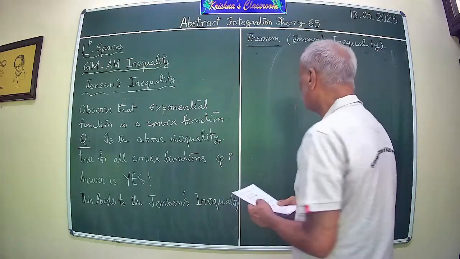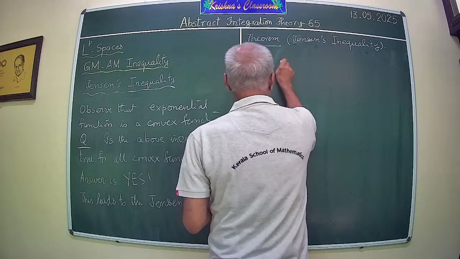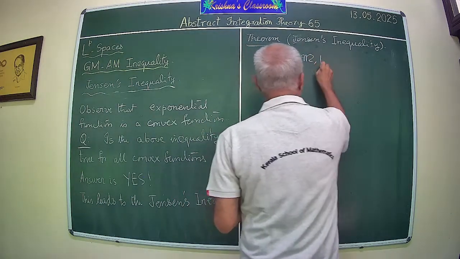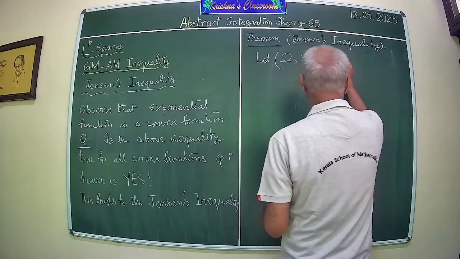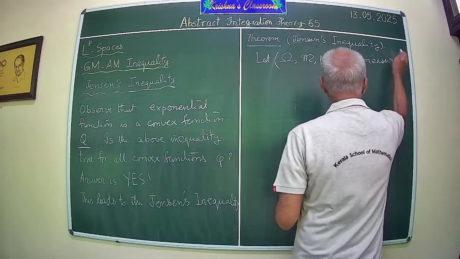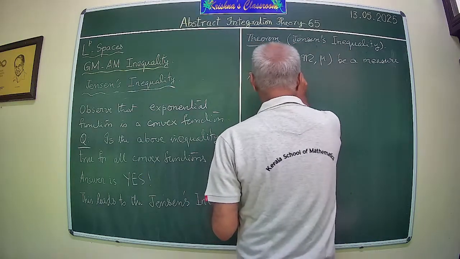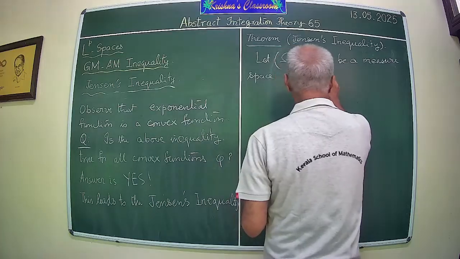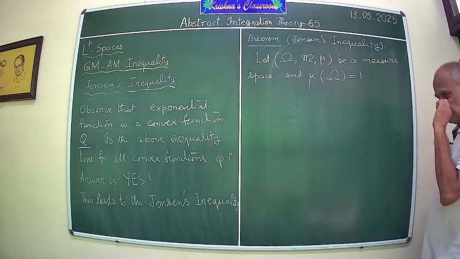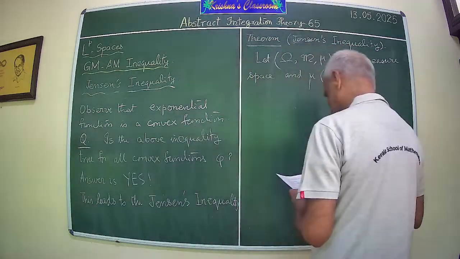Inequality. Let omega be a measure space, and mu of omega equal to 1. It's a probability measure type of scenario.